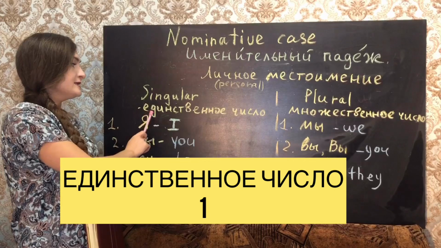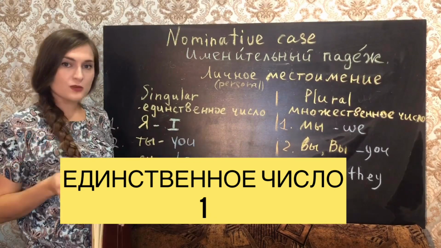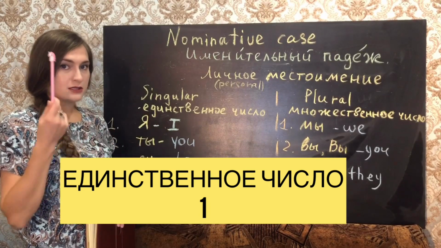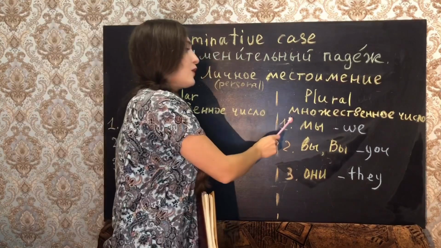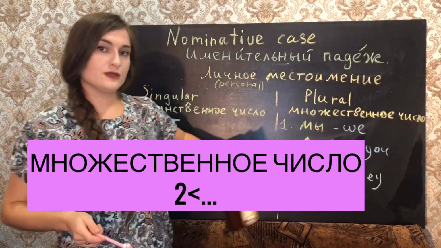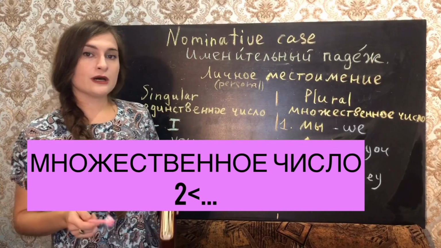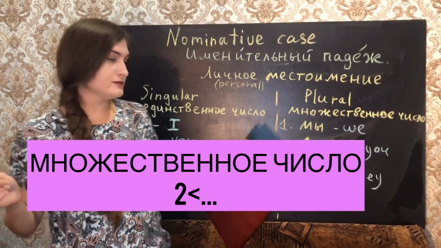Singular, единственное число, if someone or something is the only one. Plural, множественное число, if we have several or lots of something or someone.